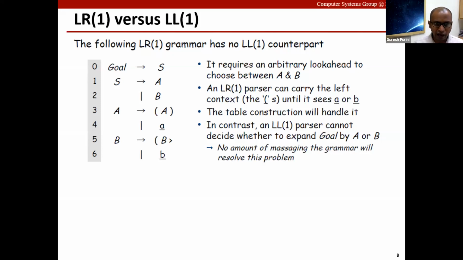If you look at this grammar, you know this grammar is not LL1 parsable because if the current lookahead symbol is a left parenthesis, then the LL1 parser doesn't know whether to use the substitution rule A or the substitution rule B, because both can possibly generate a left parenthesis in the input stream.